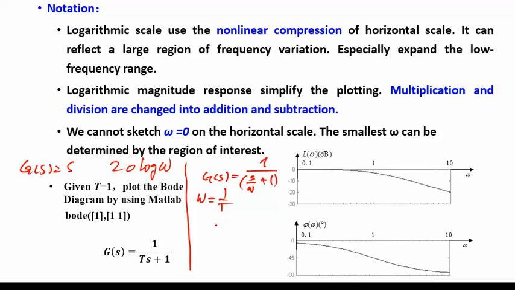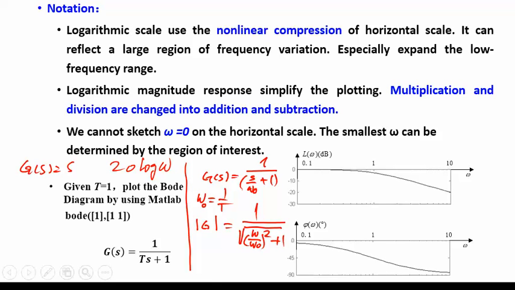So what would be the magnitude of G in this case? Let me call this omega 0. The magnitude equals 1 over the square root of (omega over omega 0) squared plus 1, correct?